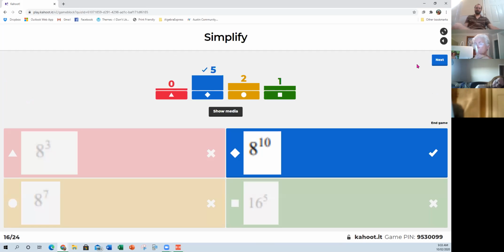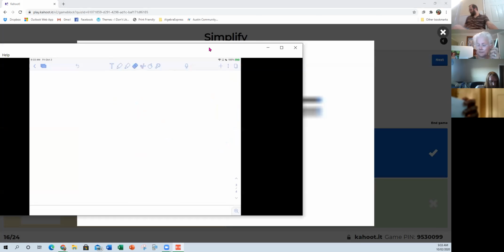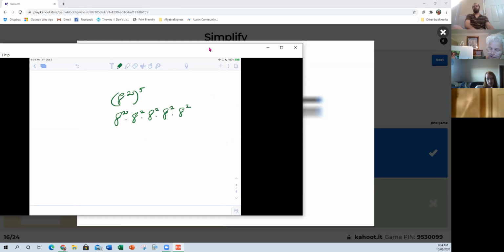Okay, so this is just a basic law of exponents. When you have a power on top of a power, power of a power, you just multiply those two guys together. Because if you think about what's happening here, 8 squared to the 5th would be 8 squared times 8 squared times 8 squared times 8 squared times 8 squared.